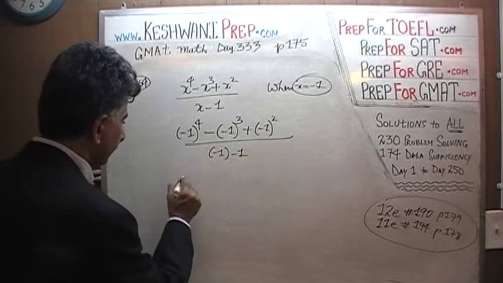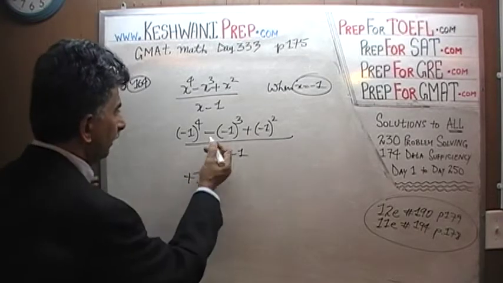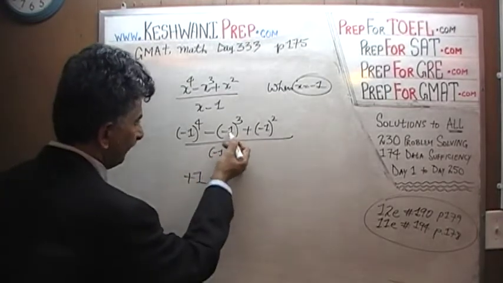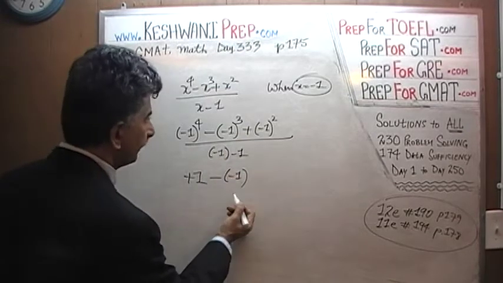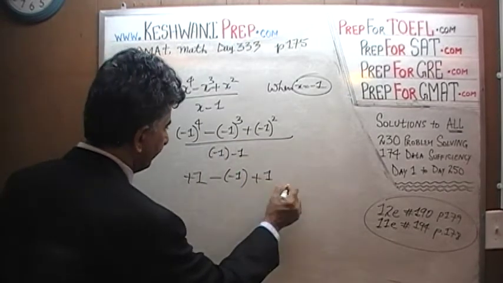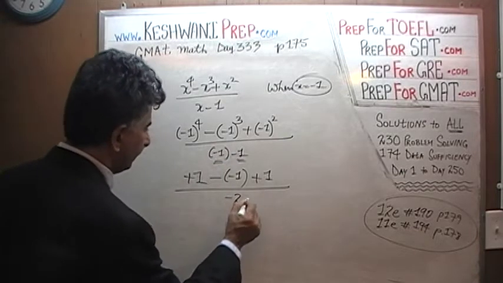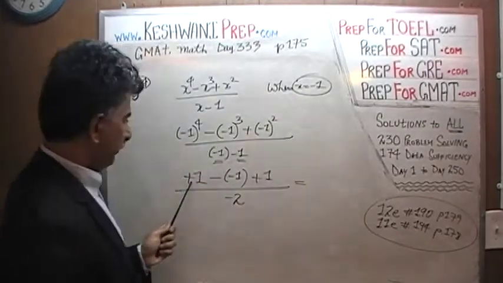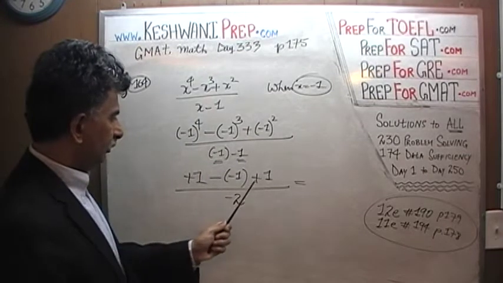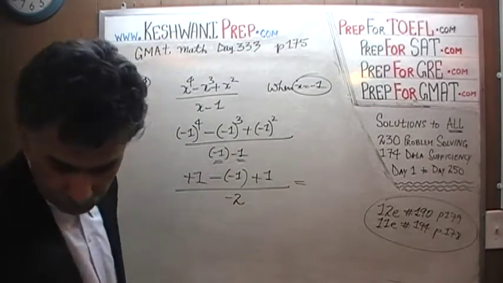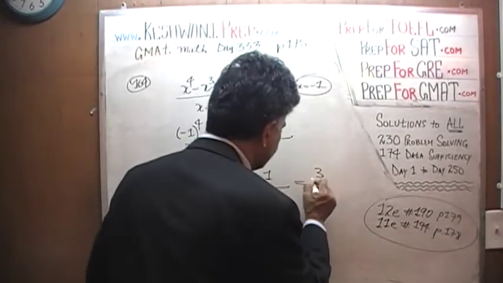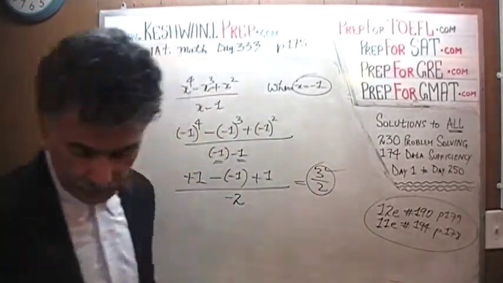So this is positive 1. This is too simple a problem. Positive 1, this is minus, and this remains negative 1, and this becomes positive 1. And on the bottom we have negative 1 minus 1, which becomes negative 2. So we get positive 1 and positive 1, which is 2, and 3 on top. We get 3 over 2. That's it. The answer is 3 over 2.